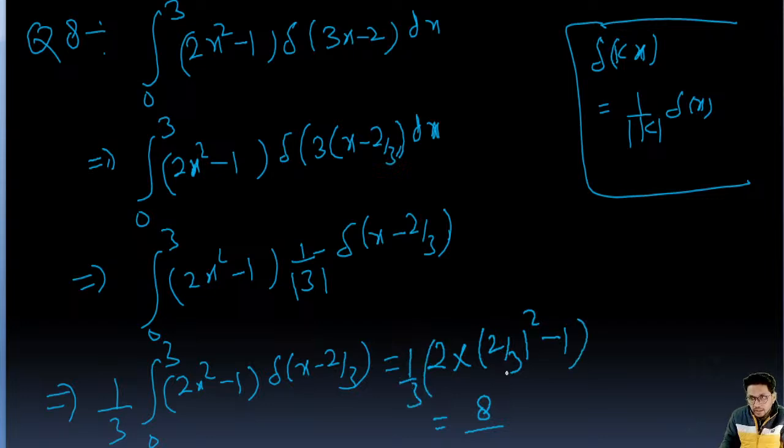So this is going to be 8 by 27 minus 1 by 3, and this value is going to be minus 1 upon 27. This is the answer.